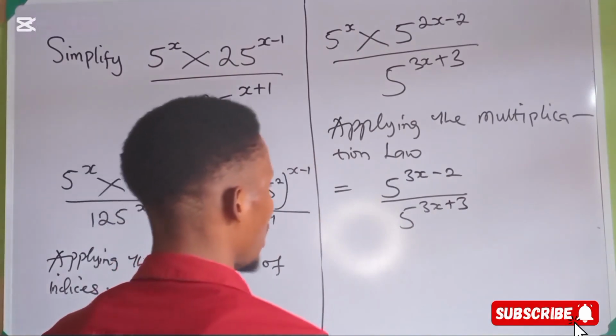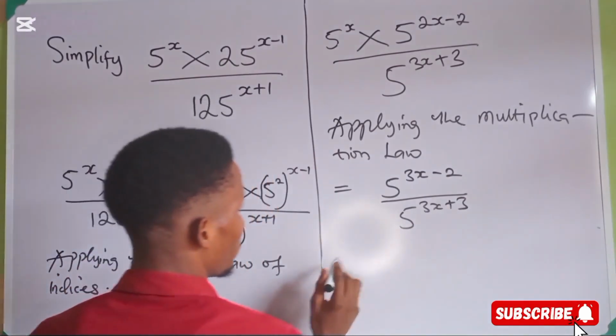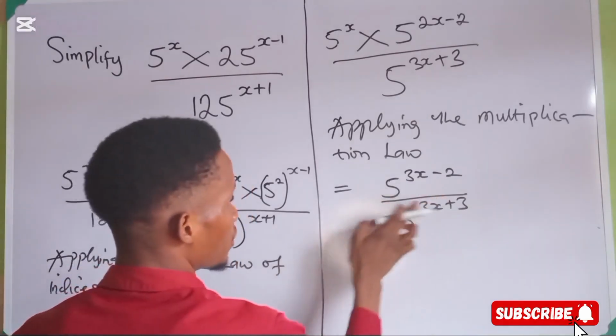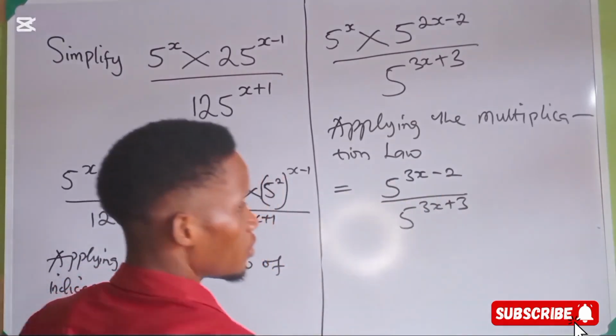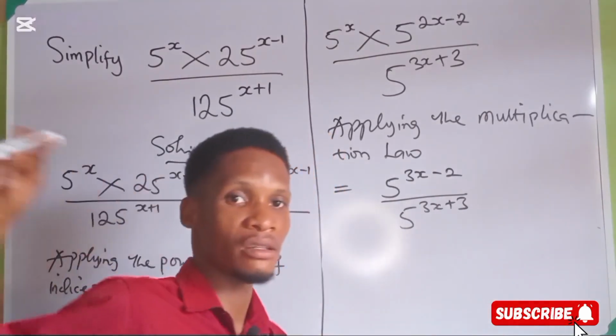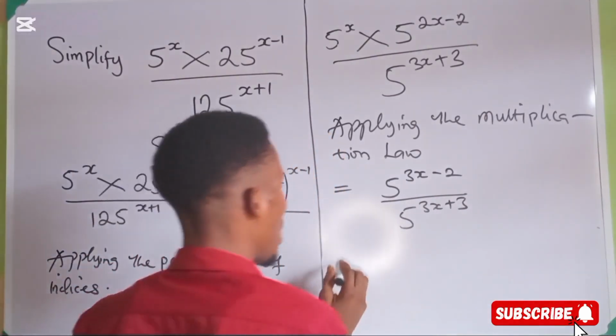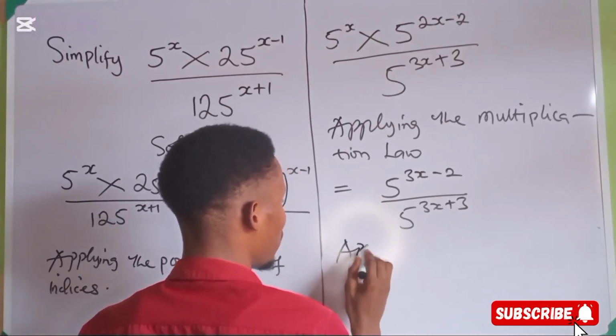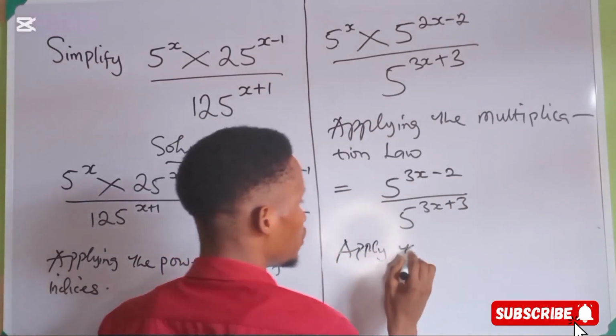Then in this case now we'll apply here. You notice that there's a division sign and they have the same base. It's also explained in the division law of indices. So here we apply the division law of indices.